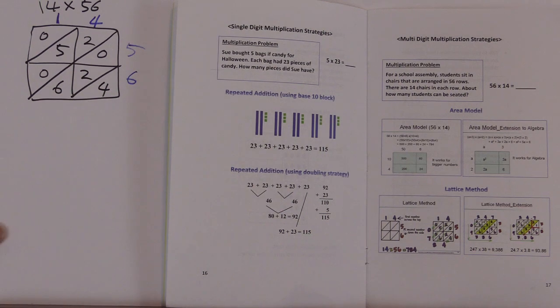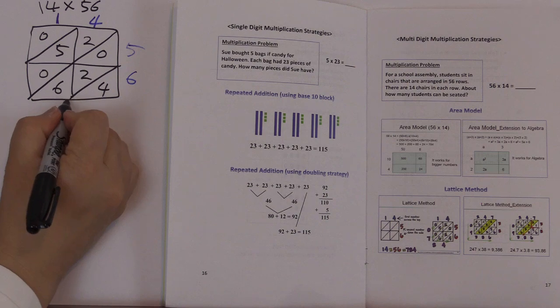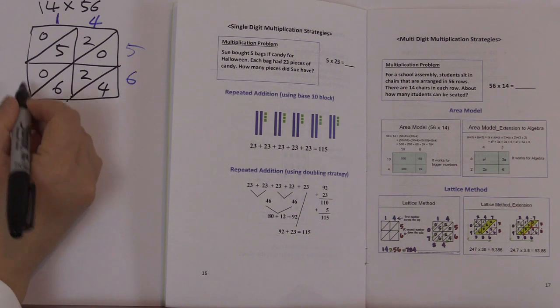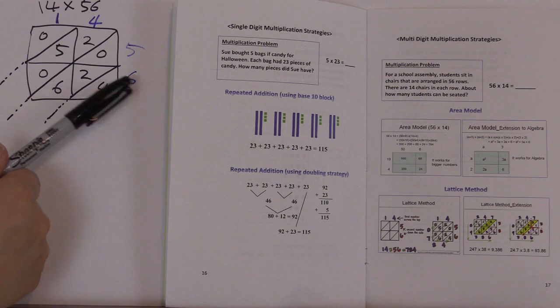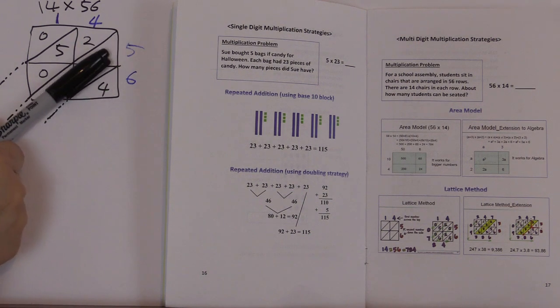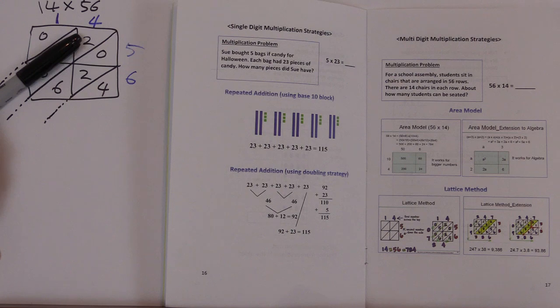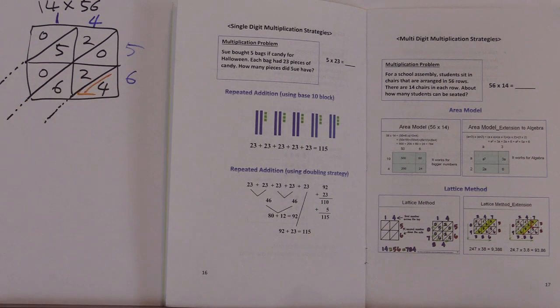Now I'm going to add these numbers by place value. I mentioned that if we extend these lines, it gives a little better picture. This one is the ones place, this one is the tens place, this one is the hundreds place, and this is the thousands place. So we are going to add diagonally. 4 is 4 in the ones place.